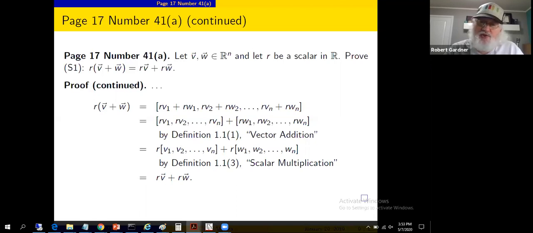That's not a distribution there. We saw the distribution at the bottom of the previous slide. So bring the R's outside, definition of scalar multiplication. In both of those, rewrite this n-tuple as vector V and this n-tuple as vector W, and we've turned the left-hand side into the right-hand side and established that proof.